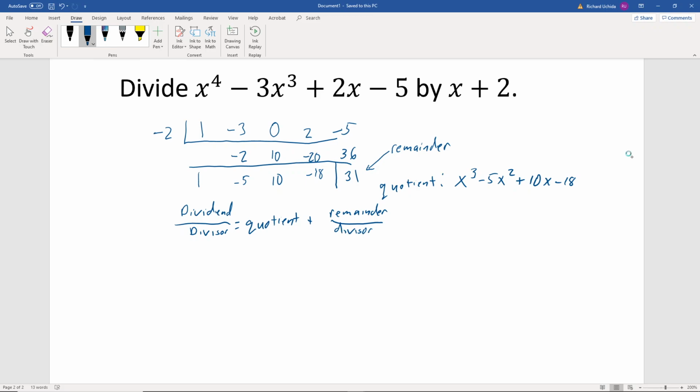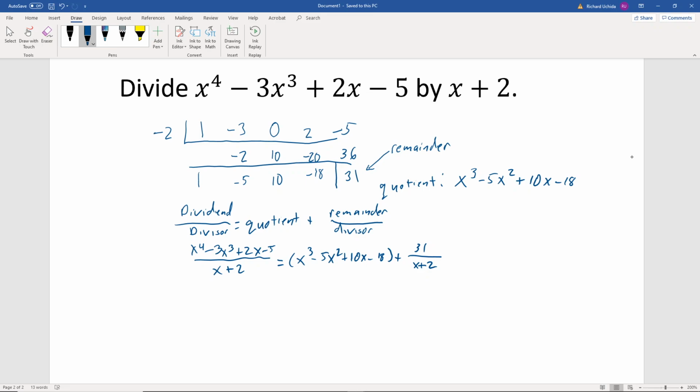So in this case, that means that we have x to the fourth minus 3x cubed plus 2x minus 5, all of that divided by x plus 2, is equal to our quotient, x cubed minus 5x squared plus 10x minus 18, plus our remainder, which was 31 in this case, divided by our divisor, so that'd be x plus 2.